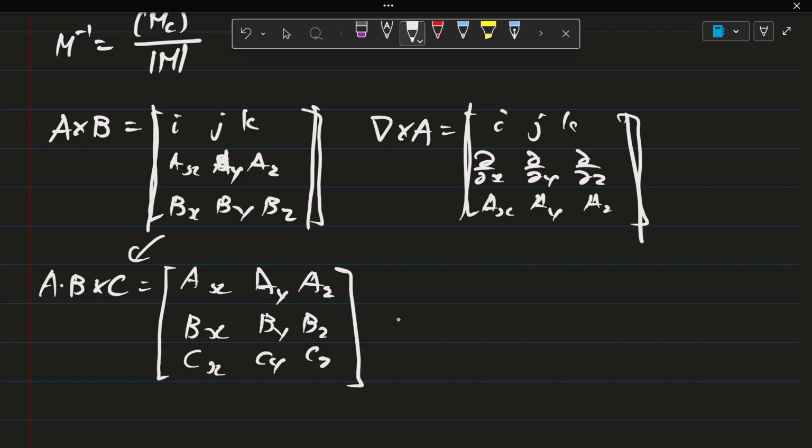It's a very interesting observation that we did. Also, you could also do the Jacobian.